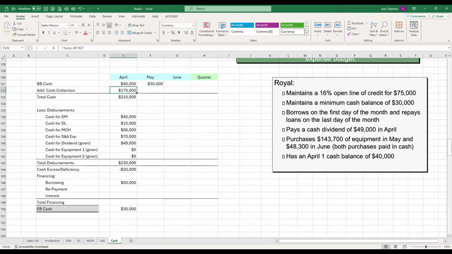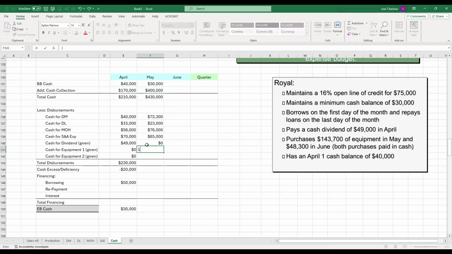Then I have to check my collection. I'm collecting 400,000. So in total, I'm collecting 430,000. What else am I doing? I'm gonna flip those. This is my direct material, direct labor, manufacturing overhead, and selling administrative expenses. There will be no dividend, but I have to do the cash equipment.